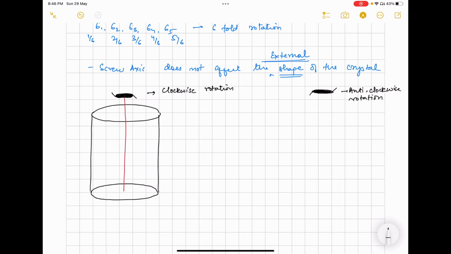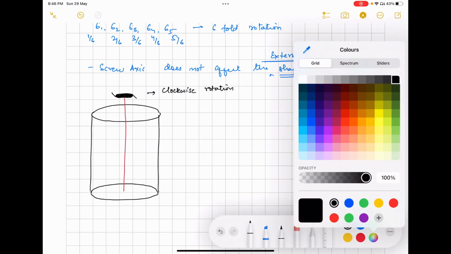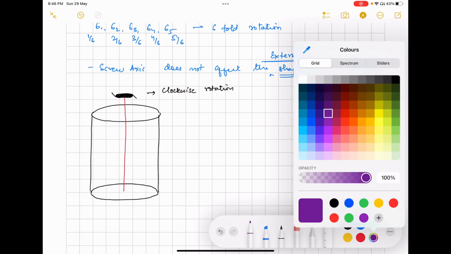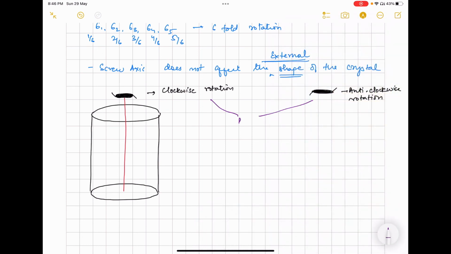So these two different rotations give us right-handed and left-handed screws.